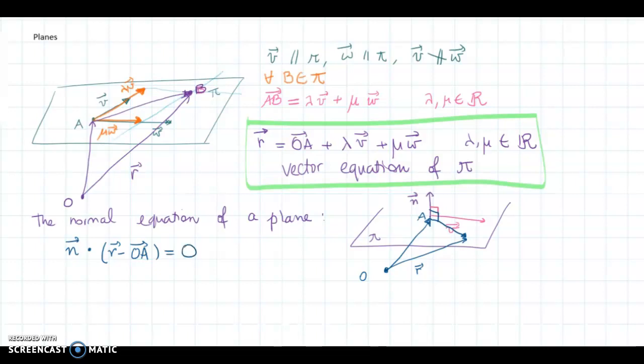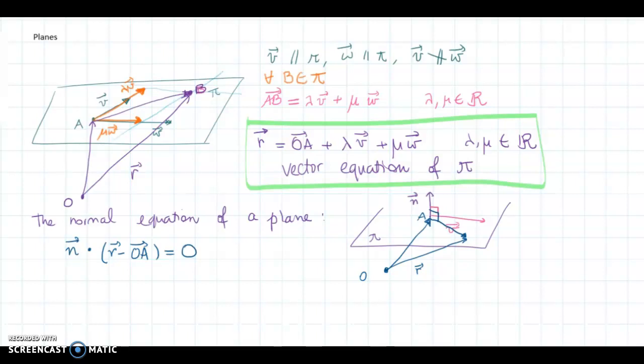Remember, the dot product is 0 when the vectors are perpendicular, and I'm writing the vector going from A to the endpoint of R as R minus the position vector of A.